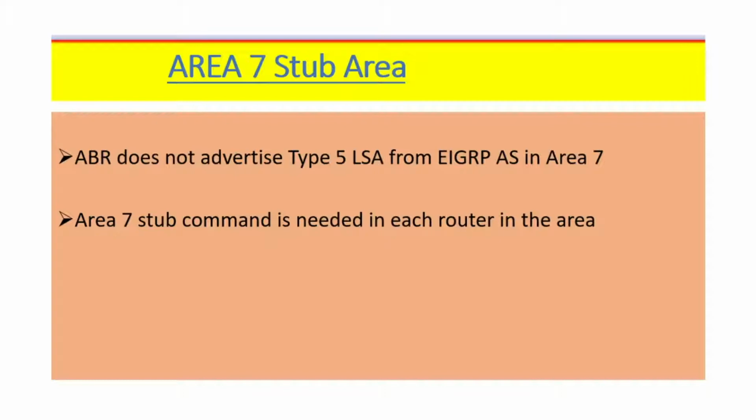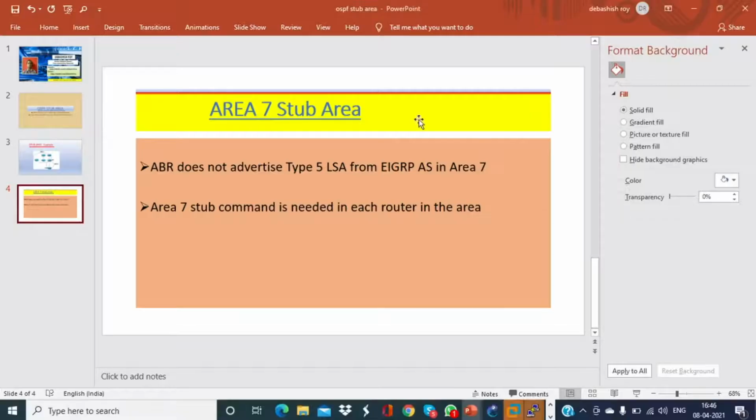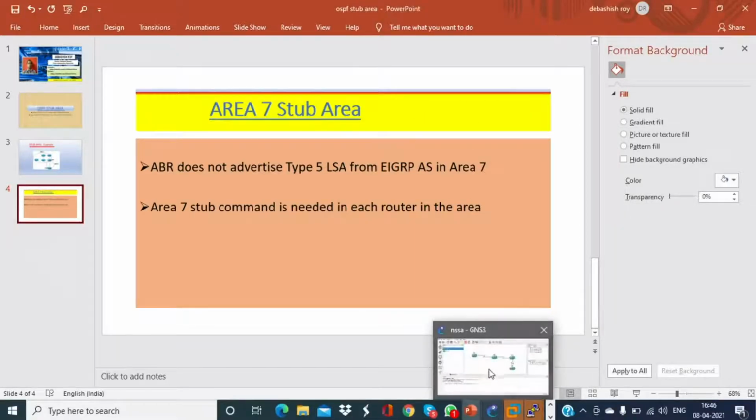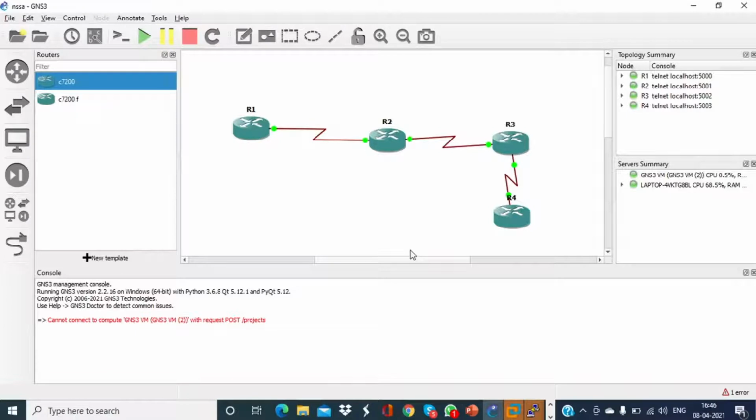So that was about the theory part, and now I'm going to show you in practice how to configure a stub area using GNS3. This is our topology. In R1, we have configured EIGRP. R2 is the ASBR, it is connected between the EIGRP and the OSPF. R3 is configured as the ABR.